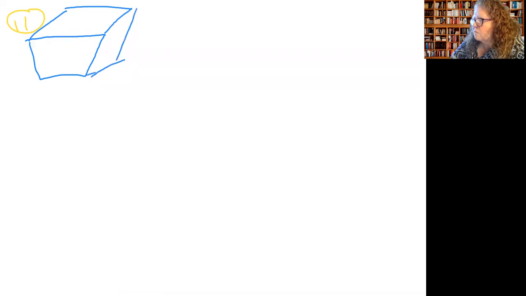So they give us the trapezoid. And they tell us that this is 10.